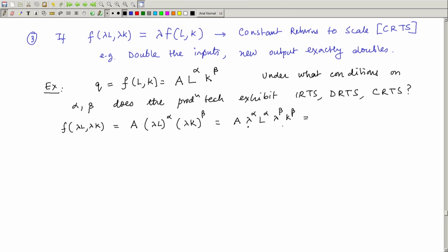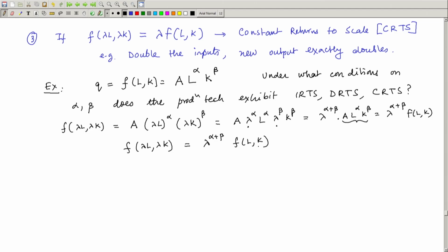I will combine this lambda to the power alpha and lambda to the power beta, right. Since the lambda is common here, I can essentially add the powers. So, I will write this as lambda to the power alpha plus beta times A L to the power alpha k to the power beta, which is nothing but my production function: lambda to the power alpha plus beta times f of L, k. So, what do I know? I now know that f of lambda L, lambda k is equal to lambda to the power alpha plus beta times f of L, k, right.